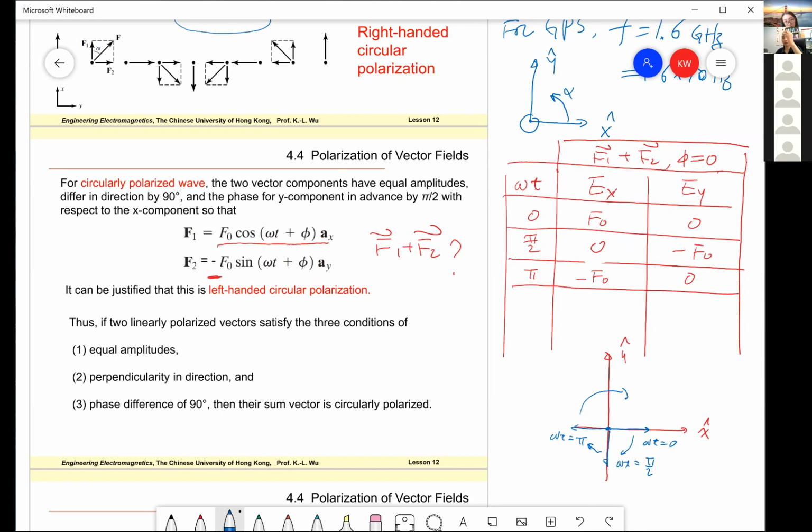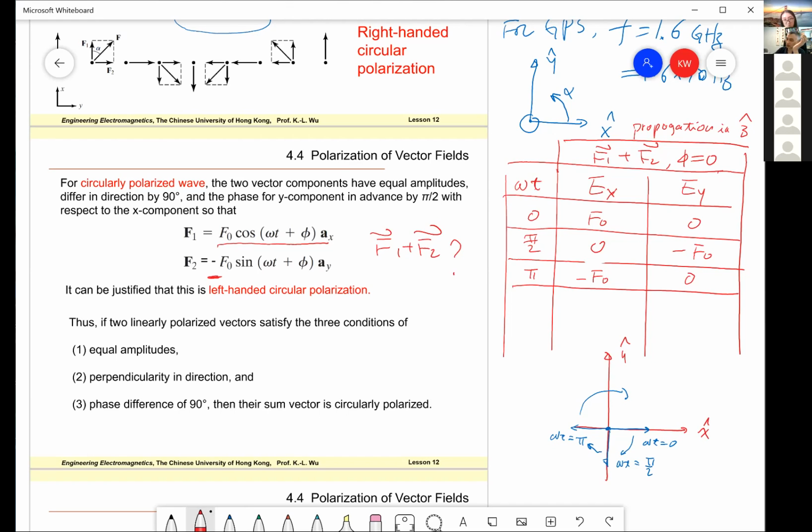If the z is the propagation direction of the wave, then in that direction, this is the left hand.